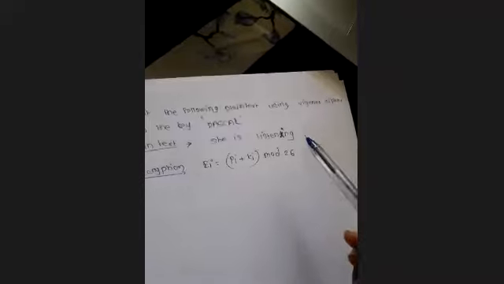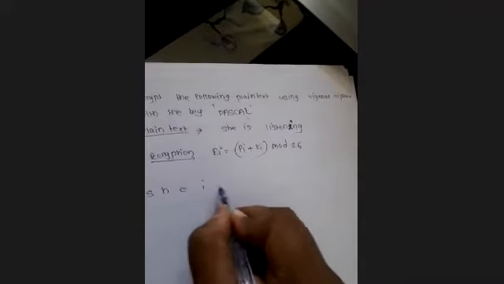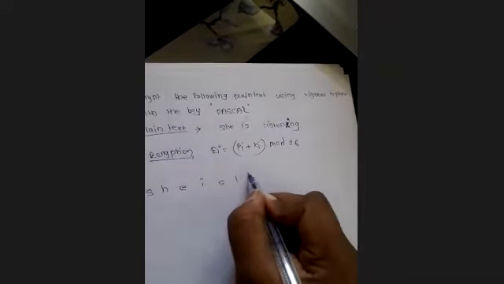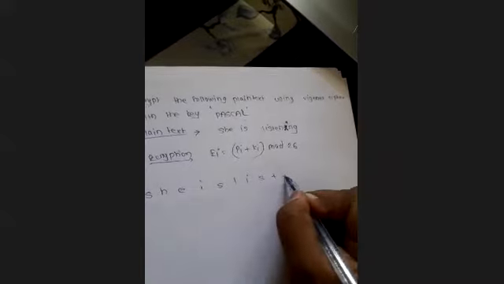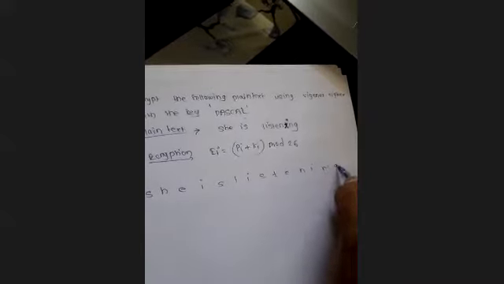In Caesar cipher, we have P plus K mod 26. Now the plain text given is SHEISLISTENING. This is the plain text.